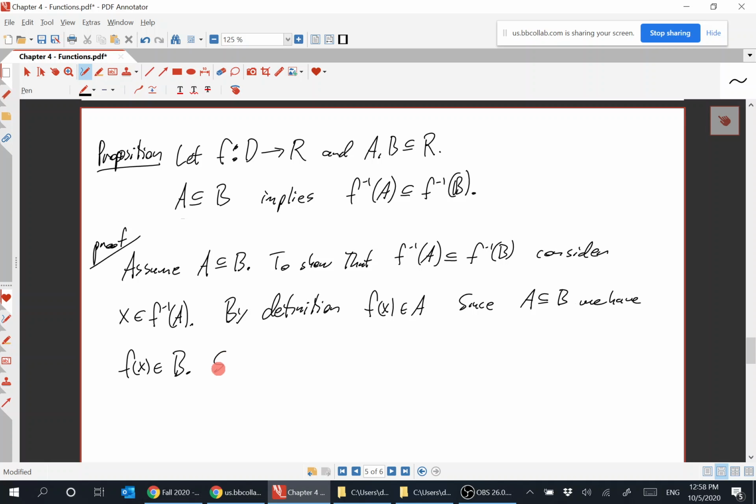So by definition, f of x is in B. So by definition, what can we say about x? That it's in the preimage of B.